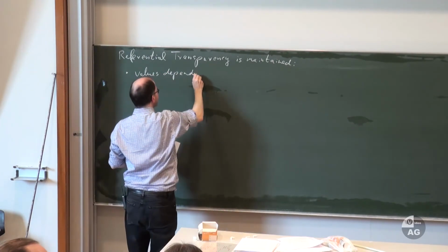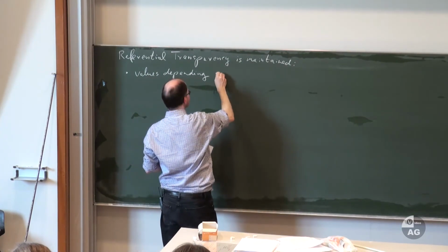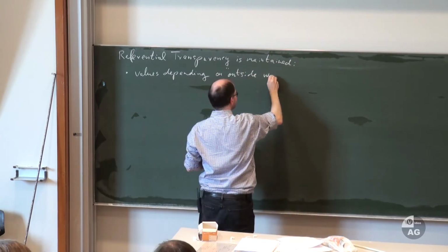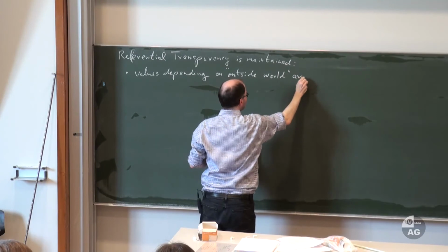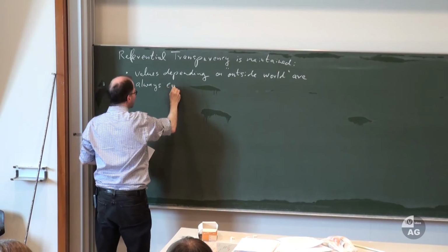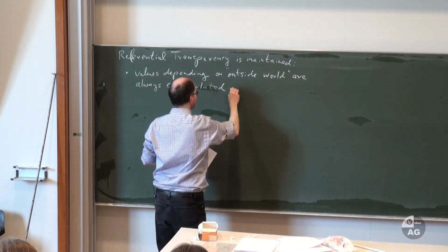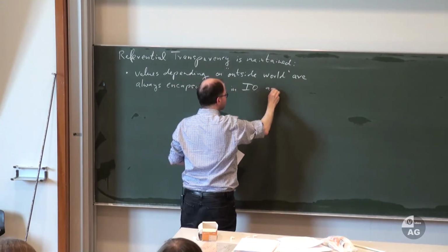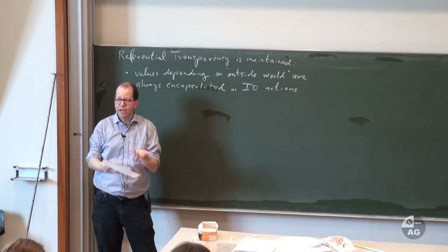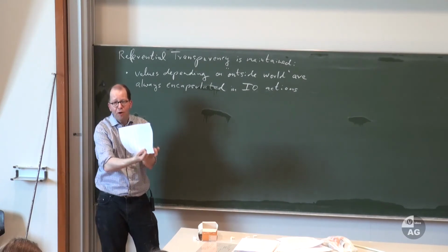So values depending on the outside world, like the keyboard or files, are always encapsulated in I/O actions, and there is no way to get them out of it. So if you say get character, then I have an I/O action which encapsulates a character, and there is no way to get this character outside the I/O action.